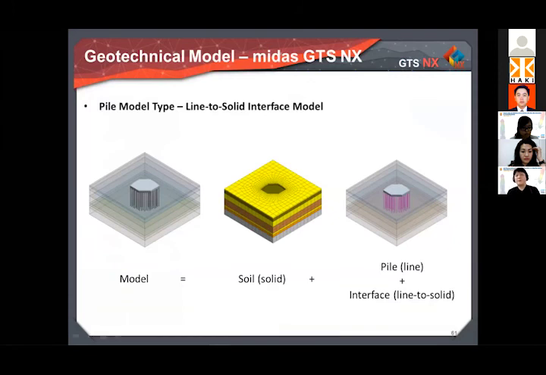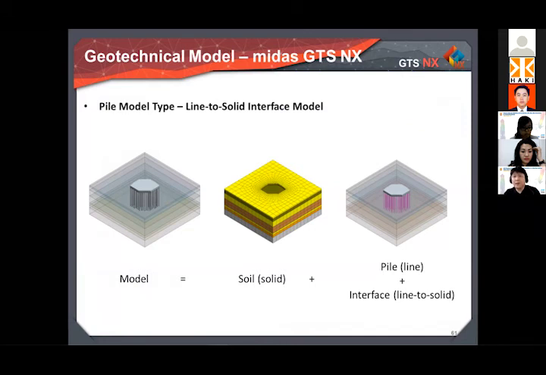So for the pile model type, there are some ways to work with piles in numerical models. The best way would be to consider a pile as solid and find the interface properties and simulate this behavior.